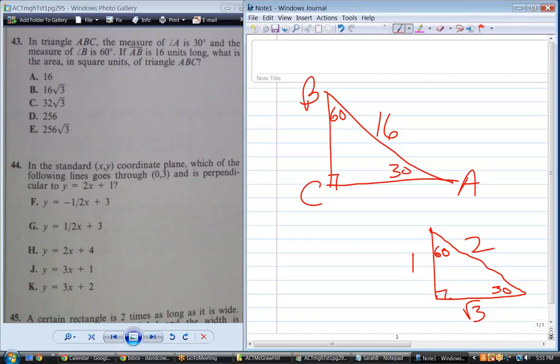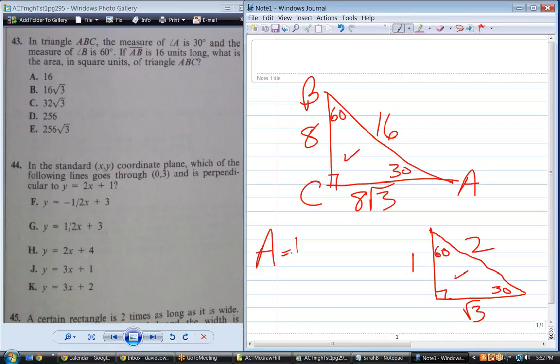Every side needs to be 8 times as big on this bigger triangle as this little triangle here. So you have 8 times 2. What's this side over here? 8. What's this side, CA? 8 root 3. In other words, 8 times root 3 is 8 root 3.